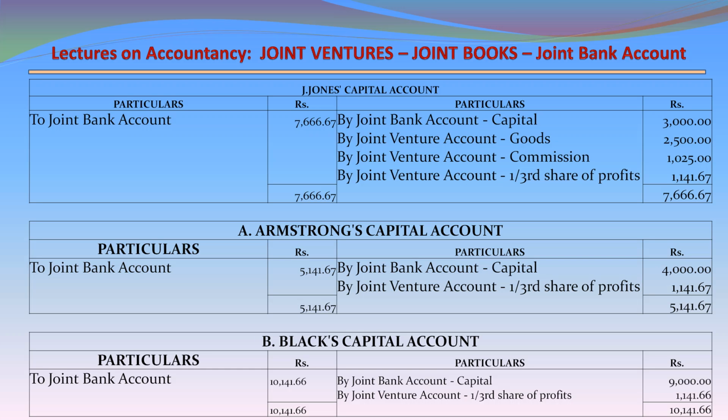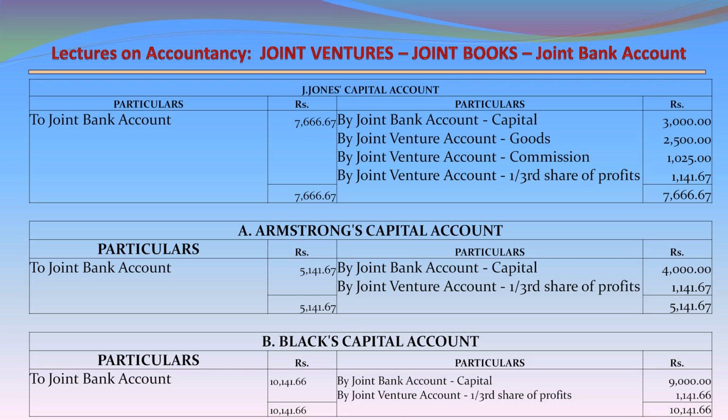Next, Armstrong capital account. By joint bank account, capital brought by him 4,000 rupees. By joint venture account, 1/3 share of his profits 1,141.67. Total 5,141.67 is due to Armstrong. So we record on the debit side to joint bank account 5,141.67. Next, B. Black's capital account. By joint bank account, capital brought by B. Black 9,000 rupees.